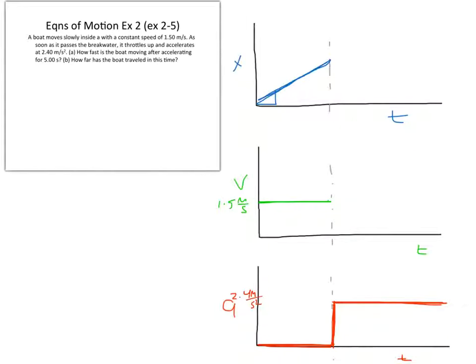So that means this y value of 2.4 meters per second squared is going to be a slope of 2.4. So it's going to be a positive slope to the tune of 2.4. 2.4 what? Meters per second, right? Velocity over time, or meters per second squared. So the units are the same. So this indicates the acceleration too, but the slope indicates the acceleration here, and the y value itself indicates the acceleration there.